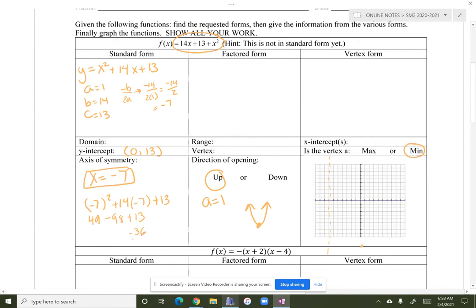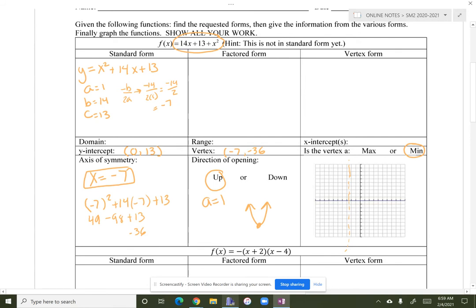So my vertex, I get negative 7, negative 36. So I'm actually going to redo my graph so the scale's a little bit better. And we'll just do it by 3s. Okay, so this would be like my graph at negative 7. Because 3, 6, halfway. Okay.